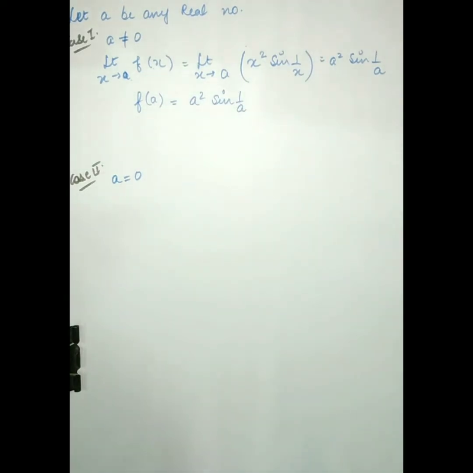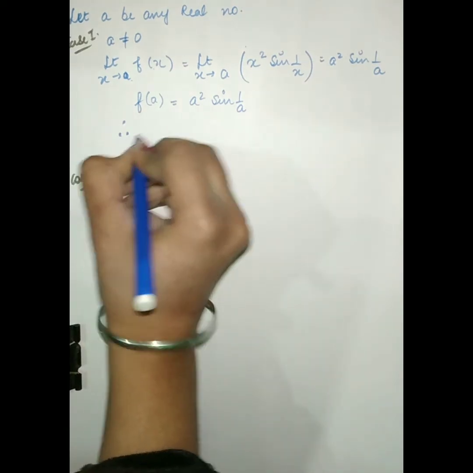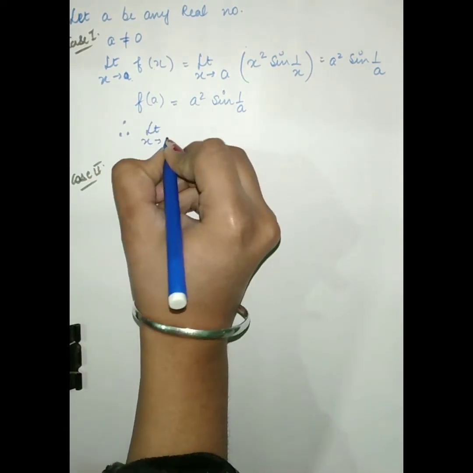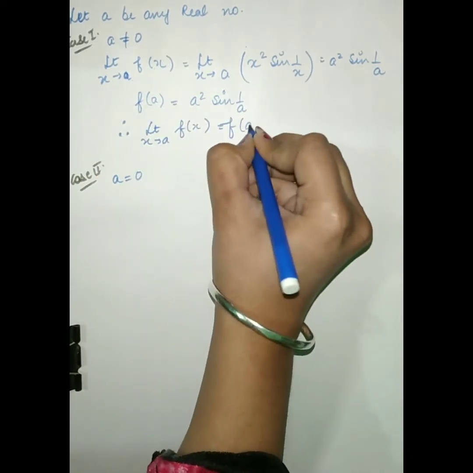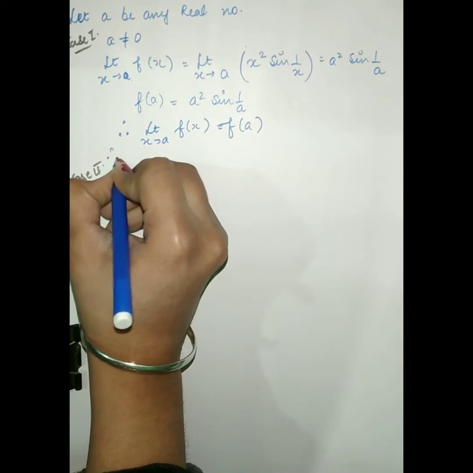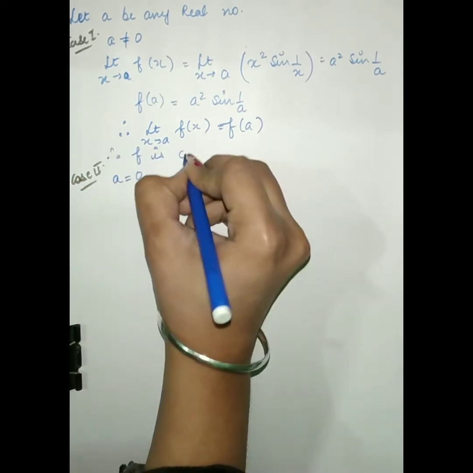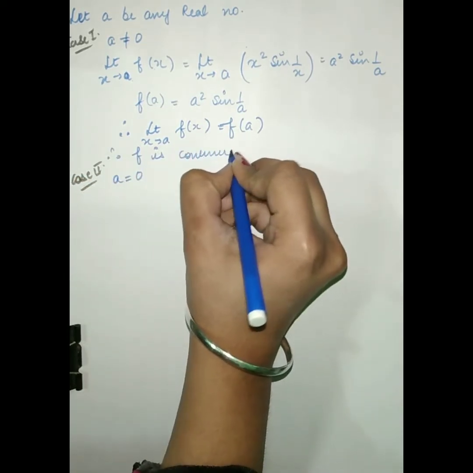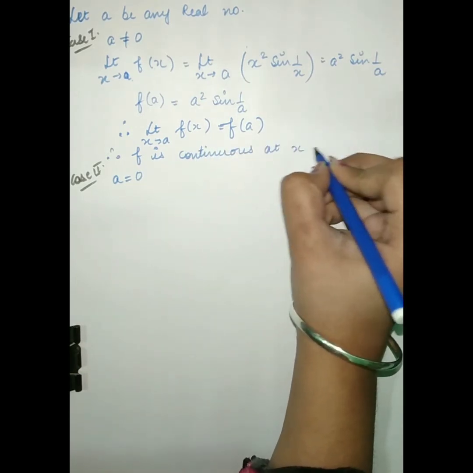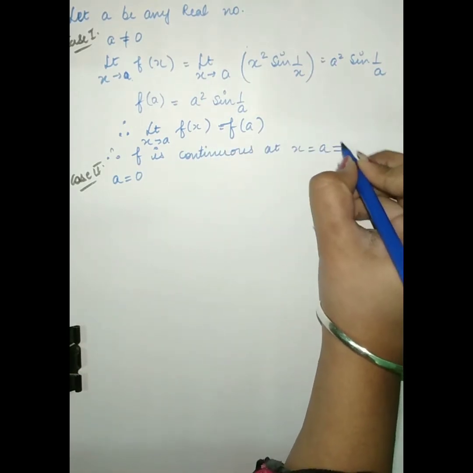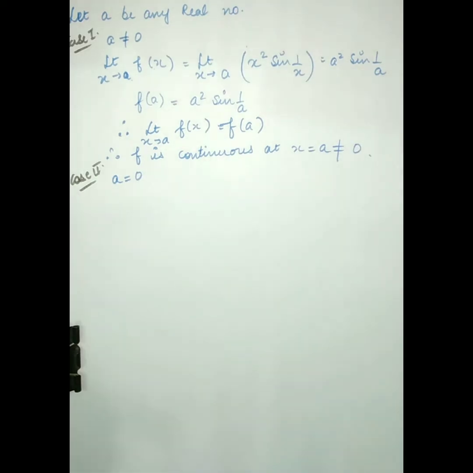Since limit x approaches a of f of x equals f of a, the function f is continuous at x equals a, where a is not equal to 0.